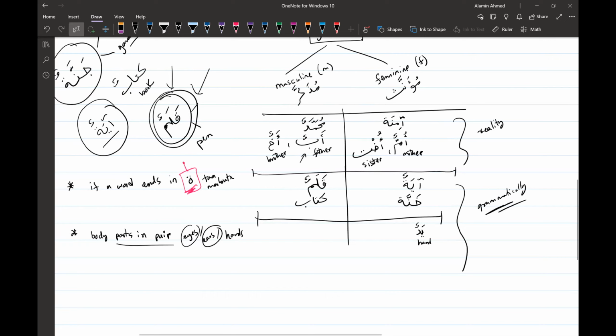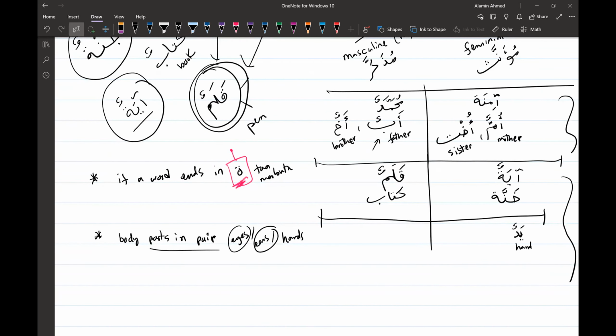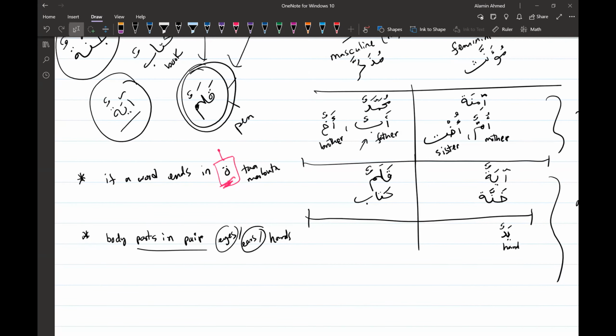And you have to understand, guys, the Quran came with the language that the Arabs developed. That means if the Quran has to address these parts, like eyes, how is the Quran going to use them? Of course, as feminine. And you'll see what I mean by treating them as feminine, because inshallah, when we start talking about adjectives, there are ways to indicate it.